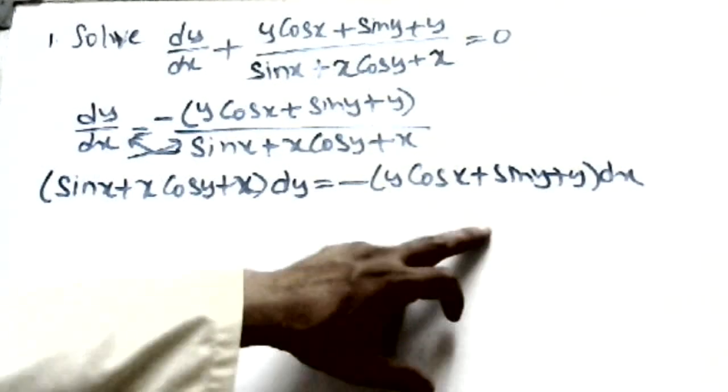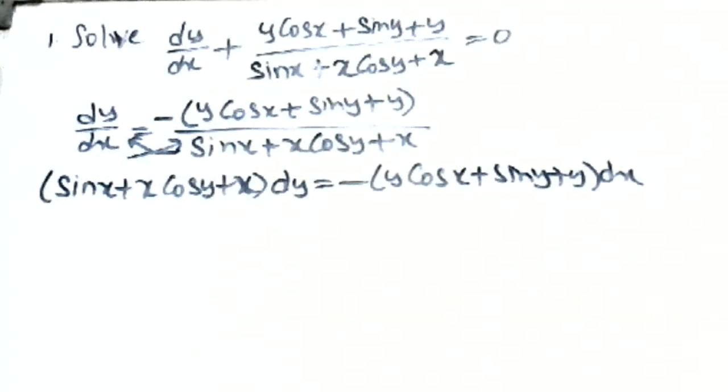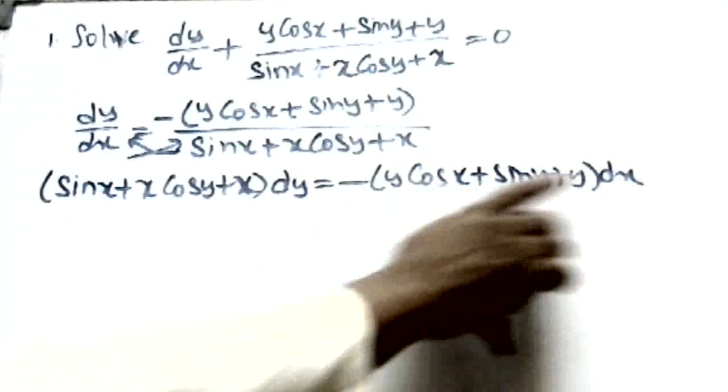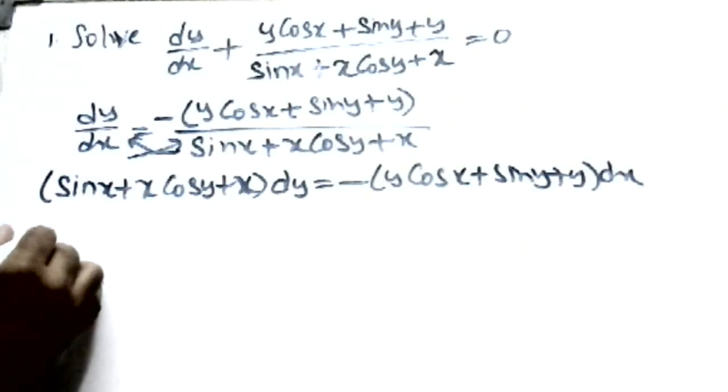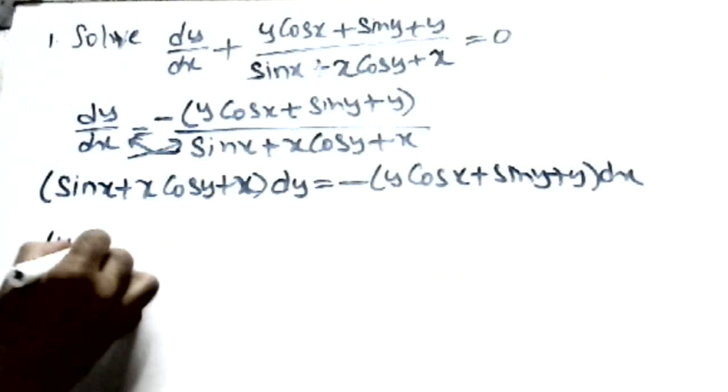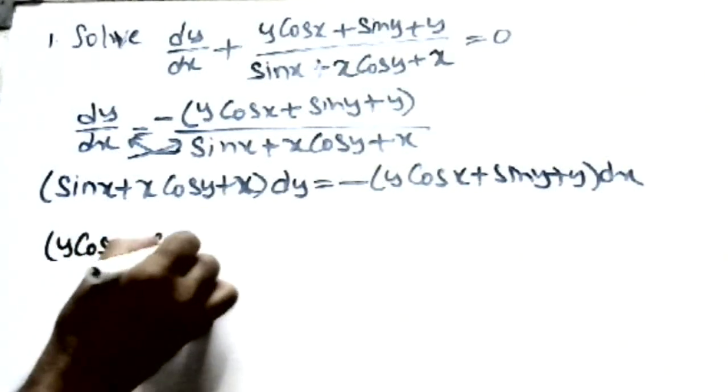The next step, we bring the minus term to the right side, it will become plus. First you write this m dx plus n dy, so first we write y cos x.